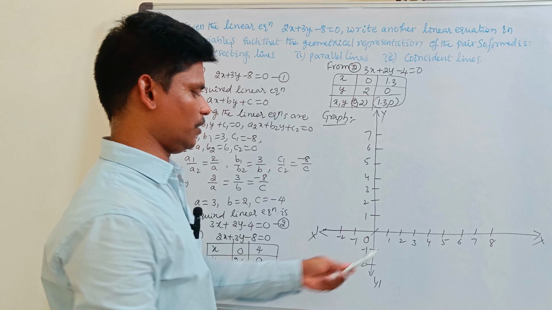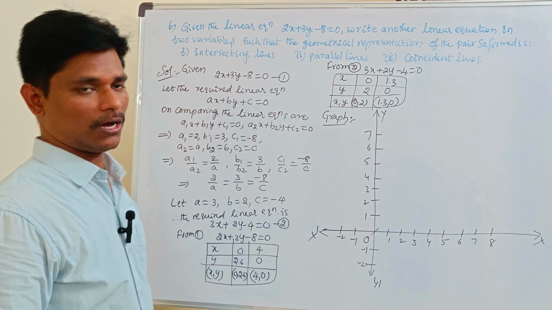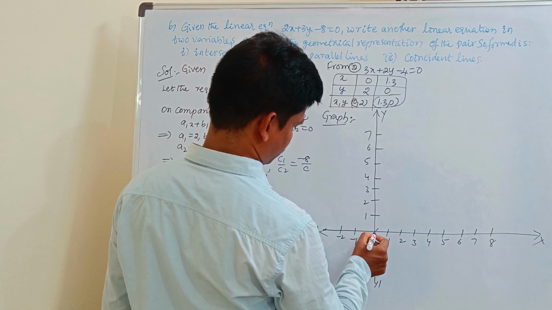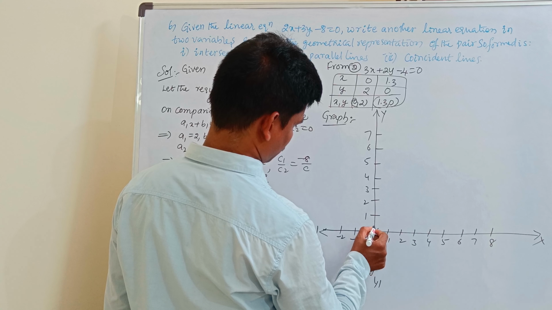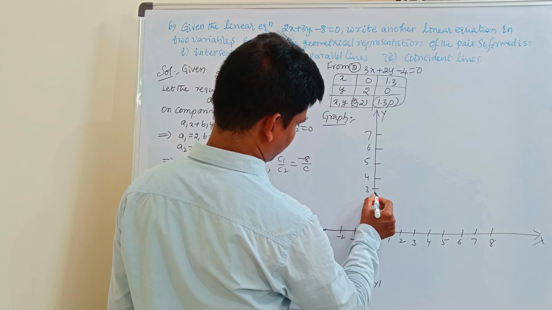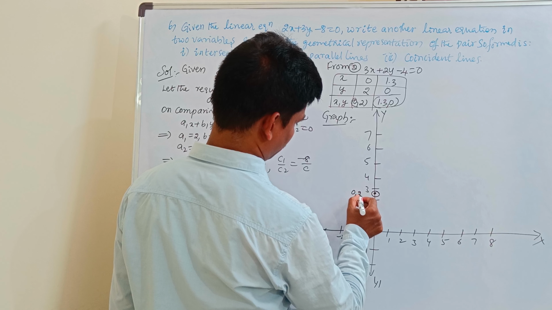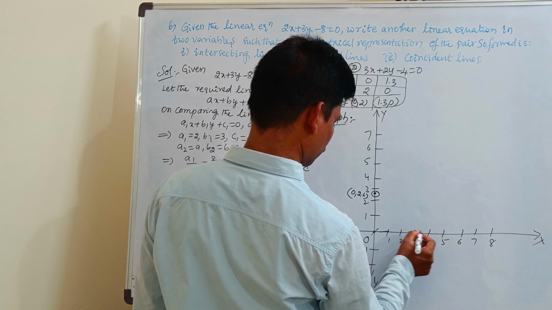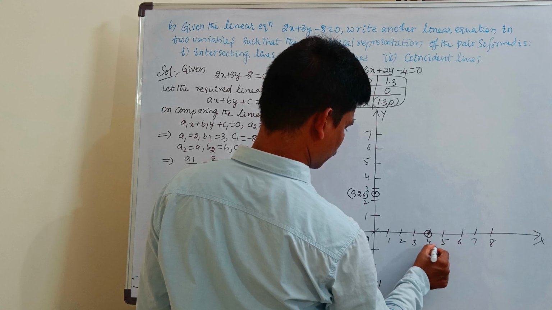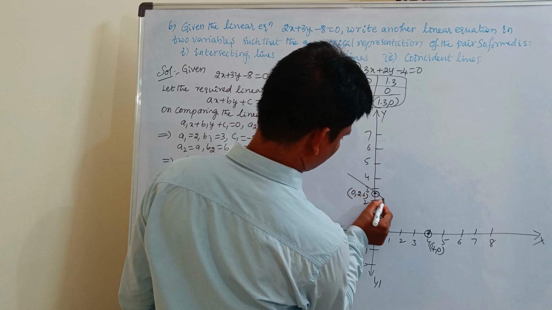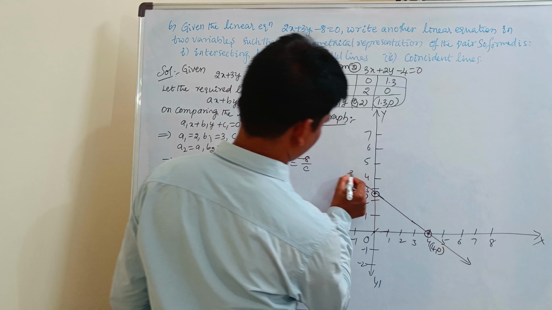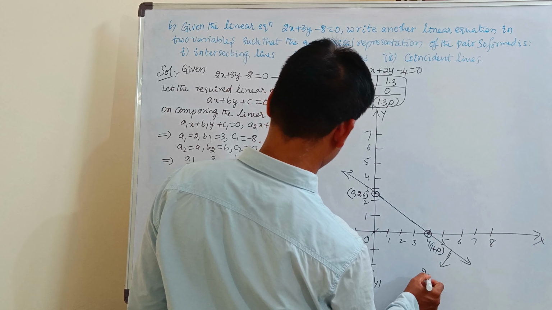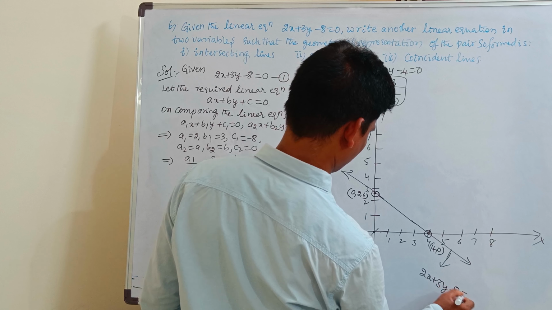The scale is 1 centimeter equal to 1 unit on the x-axis and y-axis. See here, 0 comma 2.6 is here. Next, 4 comma 0 is here. Join these two points to make a straight line. So this line is 2x plus 3y minus 8 equal to 0.